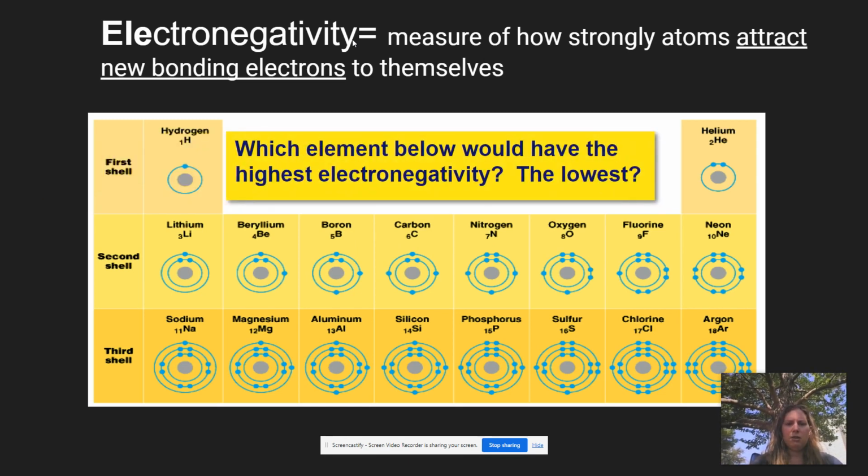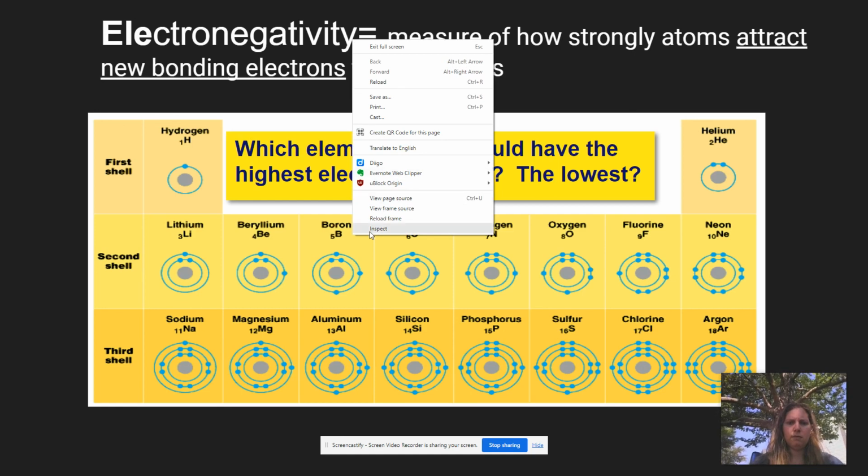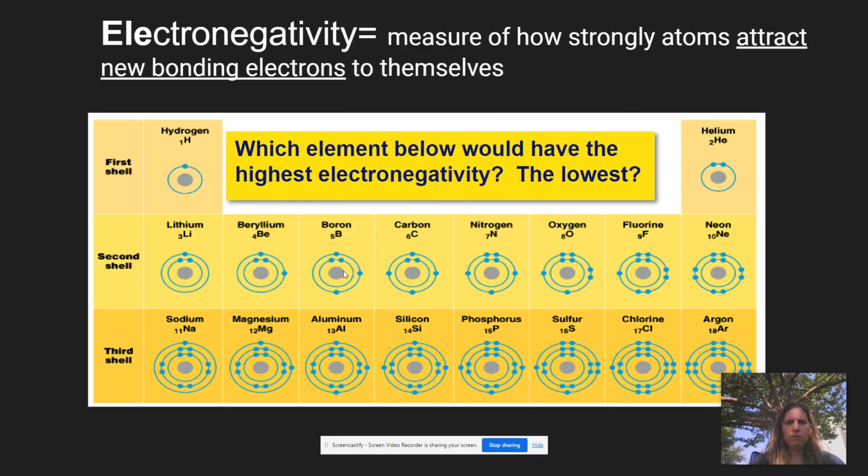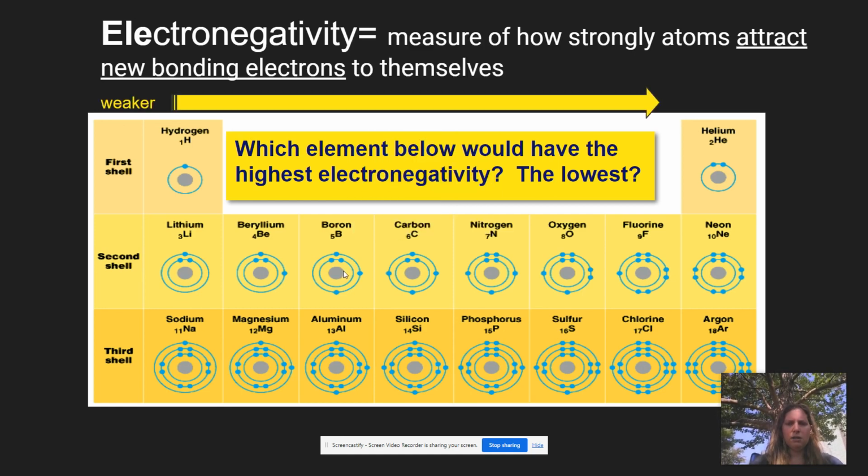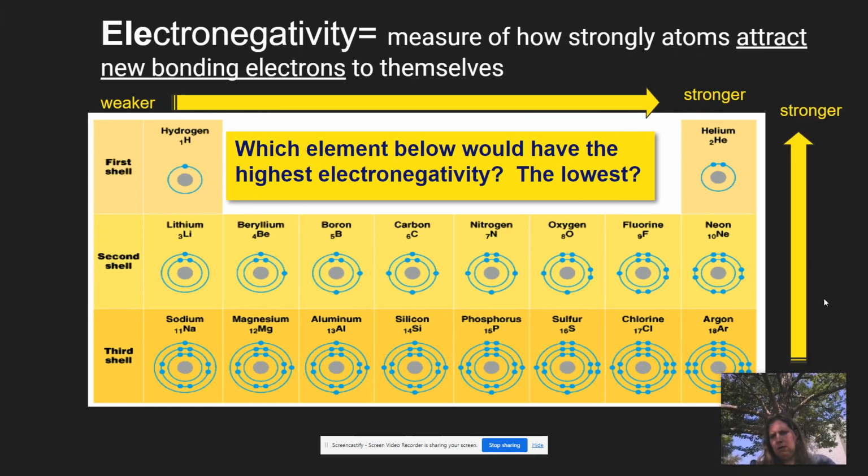So take a second to predict which element below you think would have the highest electronegativity, the highest likelihood of pulling new electrons to itself, and which would have the lowest. Remember that as you go across a row, the attraction for electrons gets stronger because you're getting more protons in the nucleus. And as you go down the periodic table, it gets weaker.